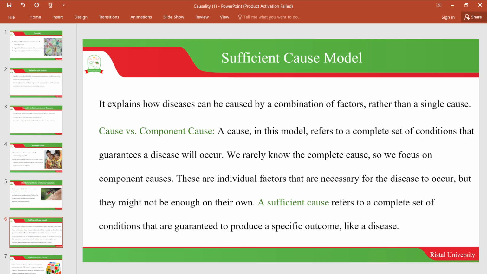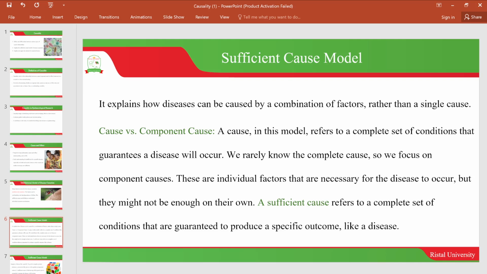So it could be an injury, it could be disease, it could be something else, as long as it is related to health. So a sufficient cause is when you have all sets of conditions in place. The word sufficient is very key: if you have them, then the disease will happen. You are guaranteed that the disease will happen.